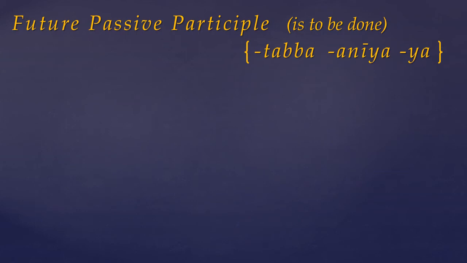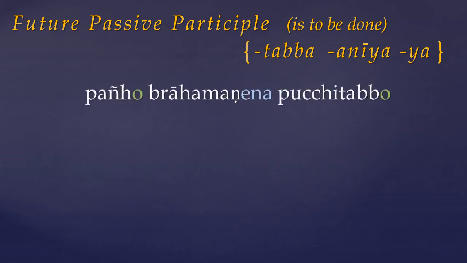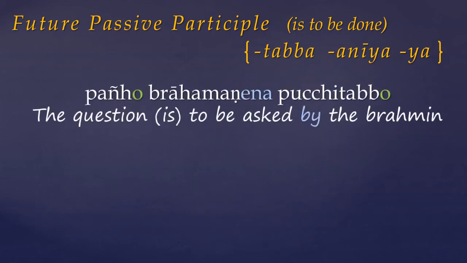Like the past participle, the future passive participle can be used as a finite verb, usually in a passive or impersonal manner, where any agent, if expressed, is in the instrumental case. The question is to be asked by the Brahmin.